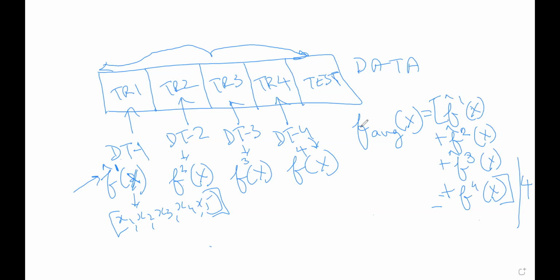But this would be like the cutoffs for the splits, right? Because we don't have any equation for a decision tree. We just don't have any equation for a decision tree. So let us see what it is that we are averaging.